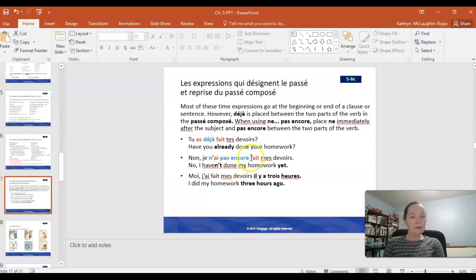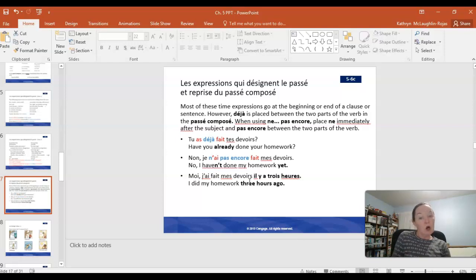And it's pretty similar with pas encore. So, non, je n'ai, I could actually take out encore for now, or I could make it affirmative. I could say, j'ai fait mes devoirs. I did or I have done my homework. I could make it negative, and I could say, je n'ai pas fait mes devoirs. And that's pretty straightforward. We've seen that way of negating the passé composé up to now.